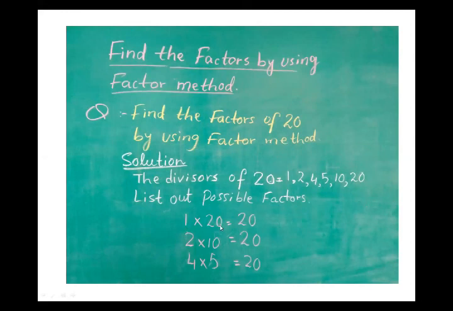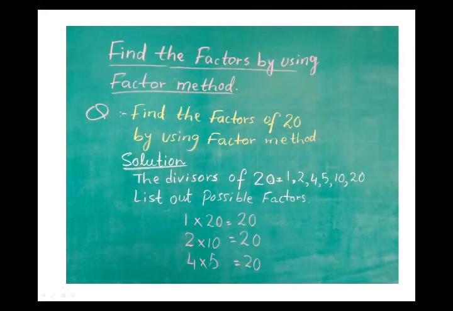We pick 1 into 20, which makes 20. So 2 into 10, we pick 2 and 10, which makes 20. We pick 4 into 5, which makes 20. By using only these divisors, we find the possible factors of the number.